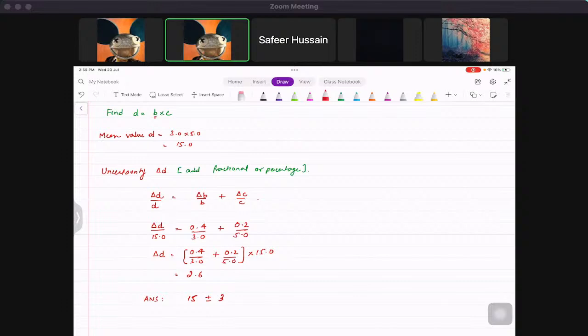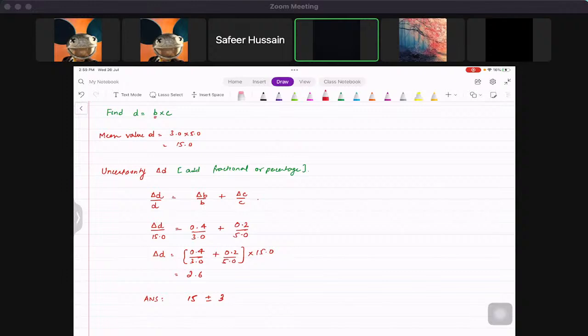Yes, sir. Okay, good. So we can't write uncertainty in more than one significant figure. Suppose it was like 0.26, then I would write 0.3. You have to write uncertainty in one significant figure. Okay, that is the rule. Do you understand? Yes.